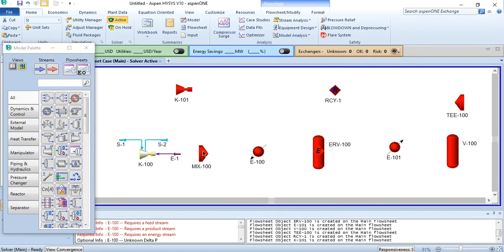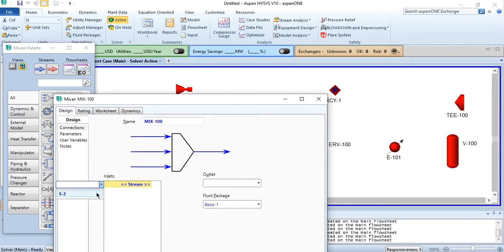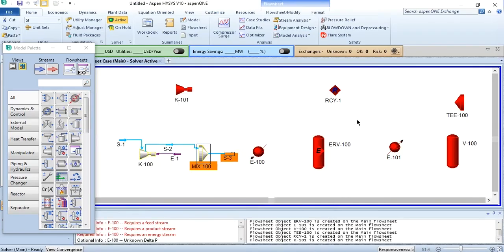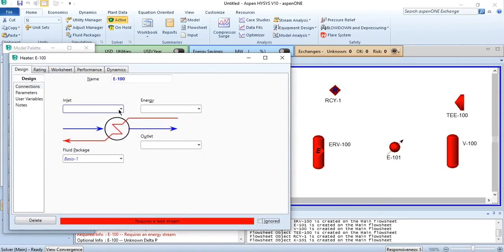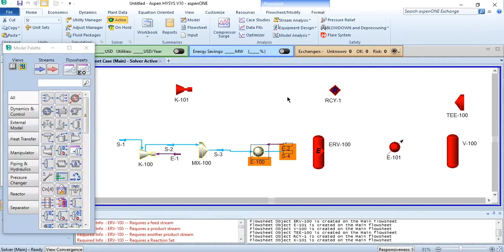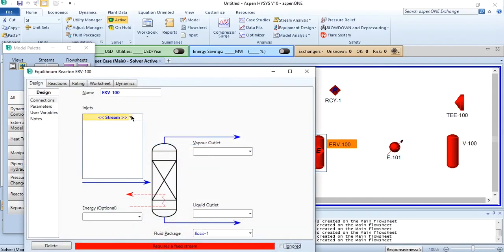Then the mixer, firstly S2 and then S3. We will add this stream later, and I will align it one by one as well. Then S3, S4, and E2, and again a bit aligned so that the flowsheet looks much better.